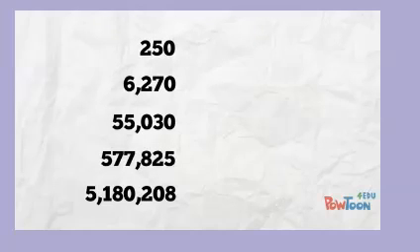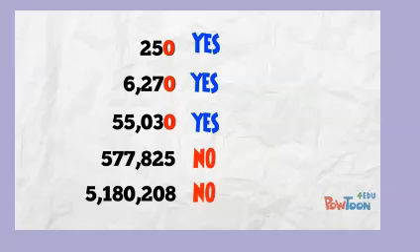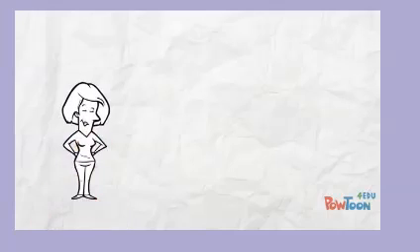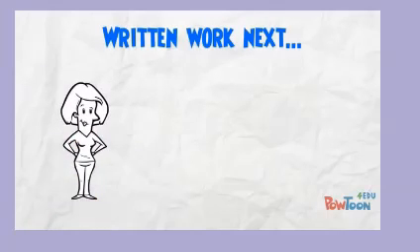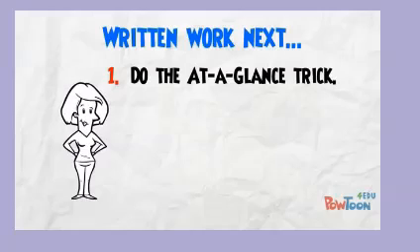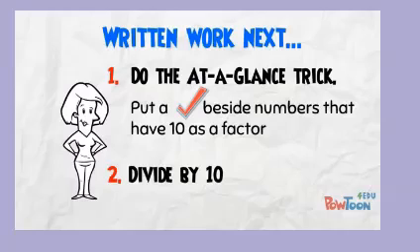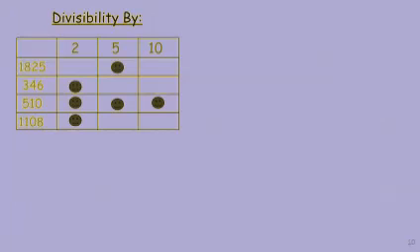If you answered yes, yes, yes, no, and no, you've got it. Your teacher will give you written work next to show your understanding. First, do the at-a-glance trick we tried here. Look at each number. The digit in the ones column tells you what to do. Put a check mark beside each number that has 10 as a factor. After your predictions have been checked, go ahead and divide by 10.